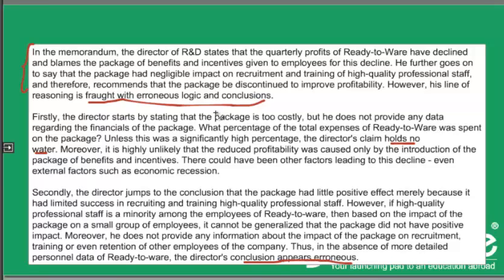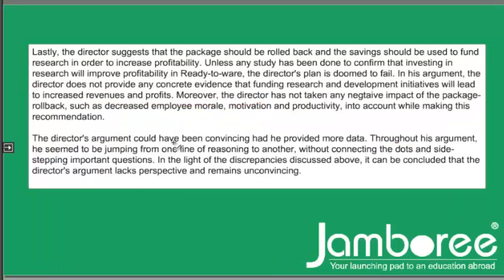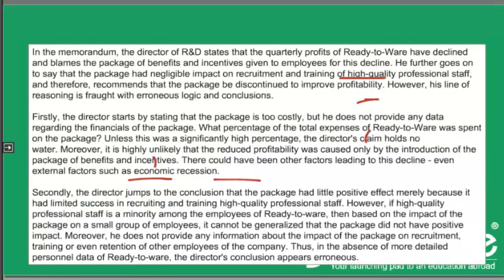You should have your own set of 5-10 phrases. Like I used here: fraught with erroneous logic and conclusions, holds no water, conclusion appears erroneous, doomed to fail, lacks perspective and remains unconvincing. You can come up with your own phrases, and they have to be good.